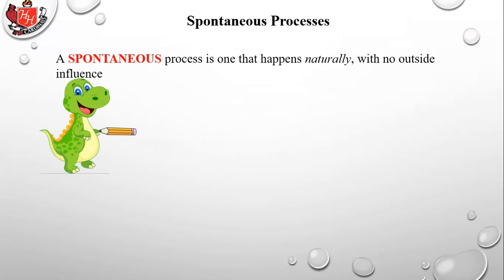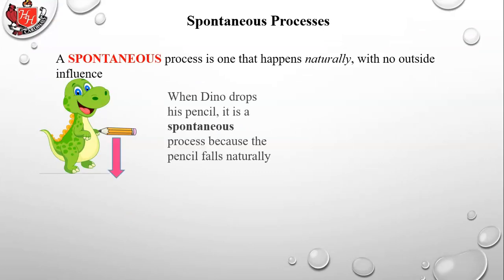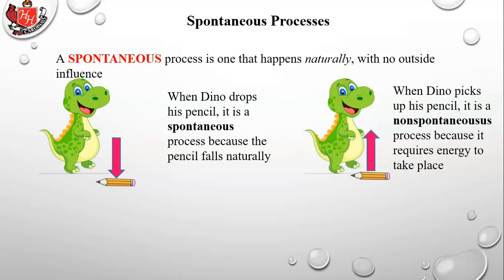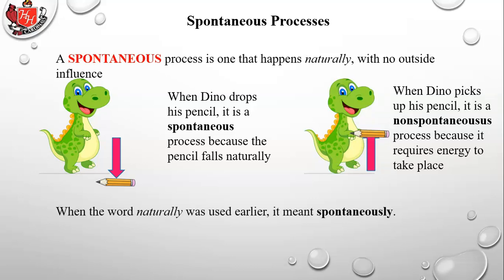So a spontaneous process is one that happens naturally with no outside influence. So when Dino drops his pencil, it is a spontaneous process because the pencil falls naturally. When Dino picks up his pencil, it is a non-spontaneous process because it requires energy to take place. The word naturally was used earlier.